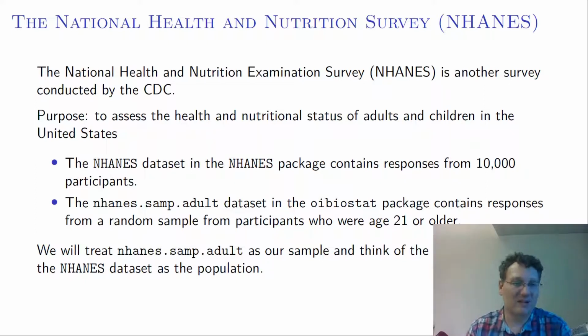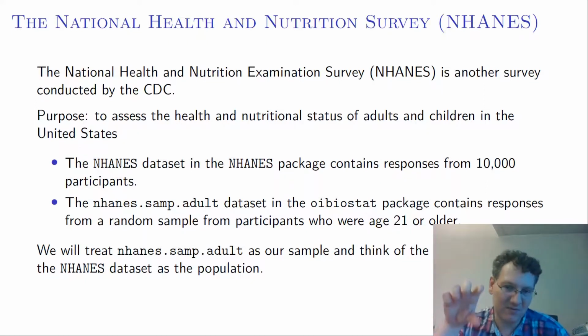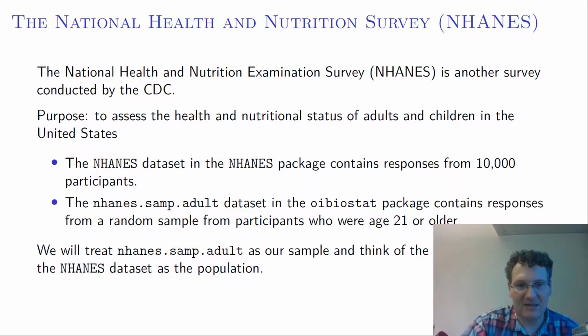To explore the ideas of inference, we can consider this data set of 10,000 to be a small population of 10,000 individuals, and we can make smaller samples from that data set.